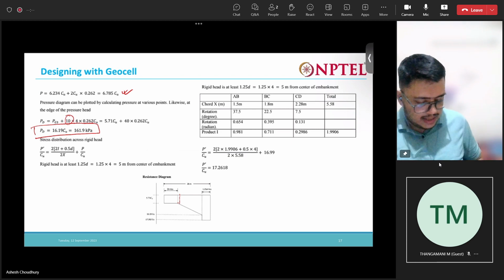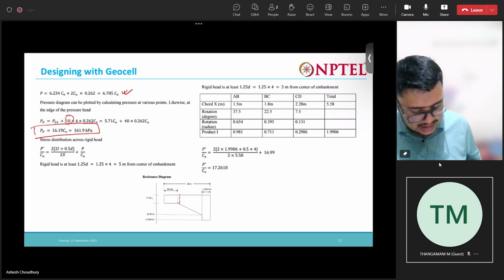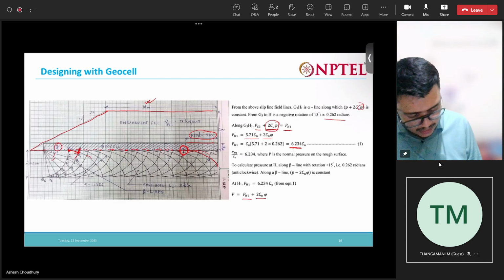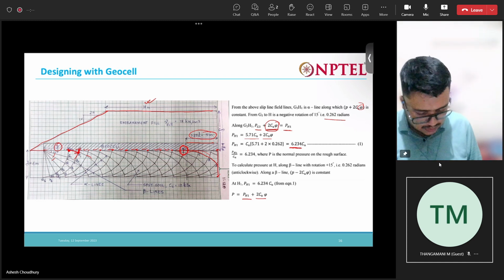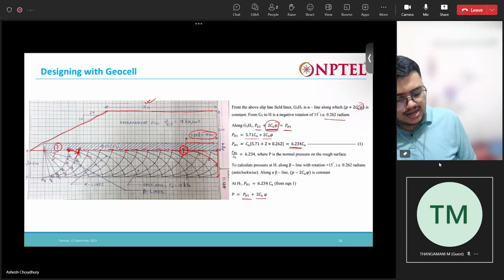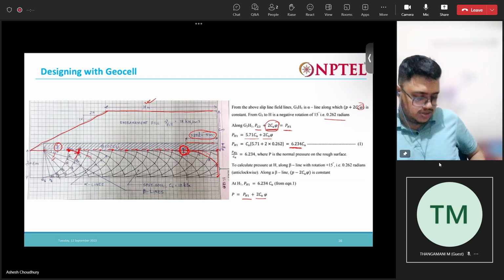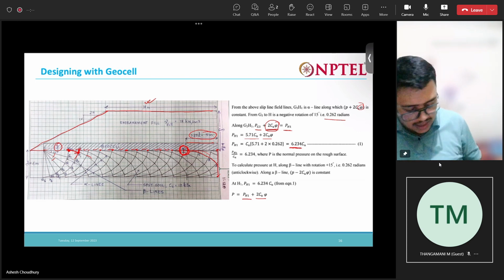So actually what they might have done is that this 4 is this depth, this height, right? This total thickness from here to here, in 15-degree rotation they have done something. From G3 we have an arc, something they have done. From G3 we have to reach D one by one, so it's better to calculate slowly, gradually, then reach D. What they have done is directly calculate at this D point.